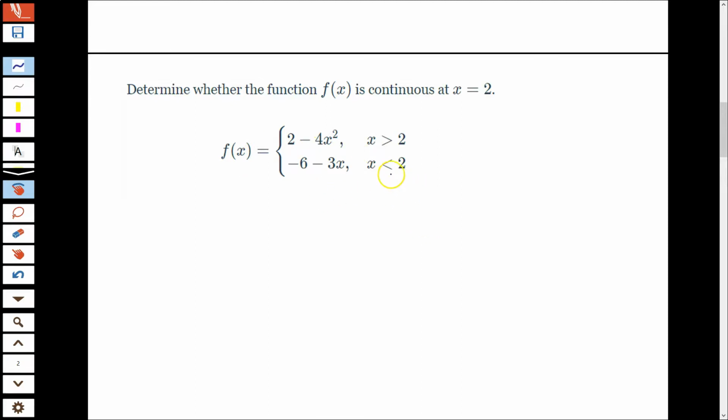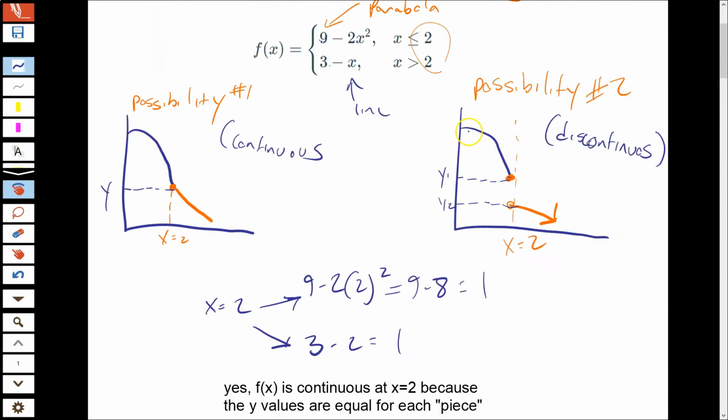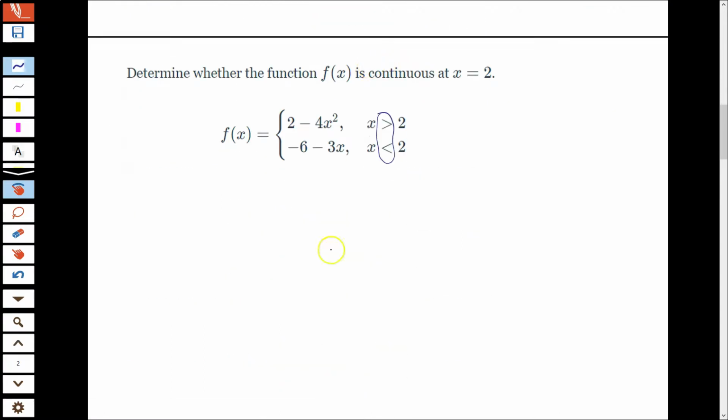So the first is this case. What I want you to pay attention to in this case, so notice it looks a lot like our last one, right? We have a line and a parabola, and we're looking at x equals 2. But what I want you to notice is the boundaries look different, right? So we have strictly greater than, strictly less than, whereas before we had an or equals 2. Okay? So what that means, think back to the last lesson, is we have a parabola and then a line, and even if they meet up, what I have now is an open circle, right?